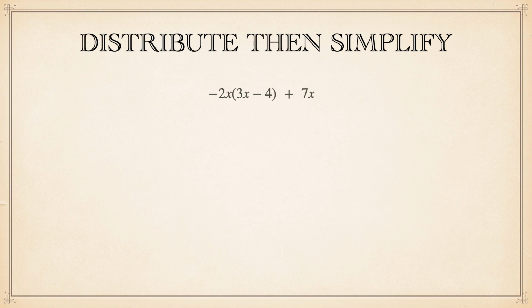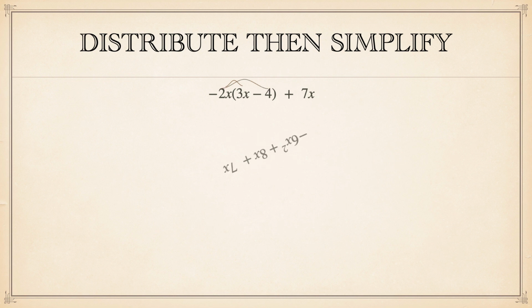The only thing that is getting multiplied by is that quantity of 3x minus 4, and that's being multiplied by the negative 2x. So that means I'm going to distribute that negative 2x to the 3x, and negative 2x to the minus 4.